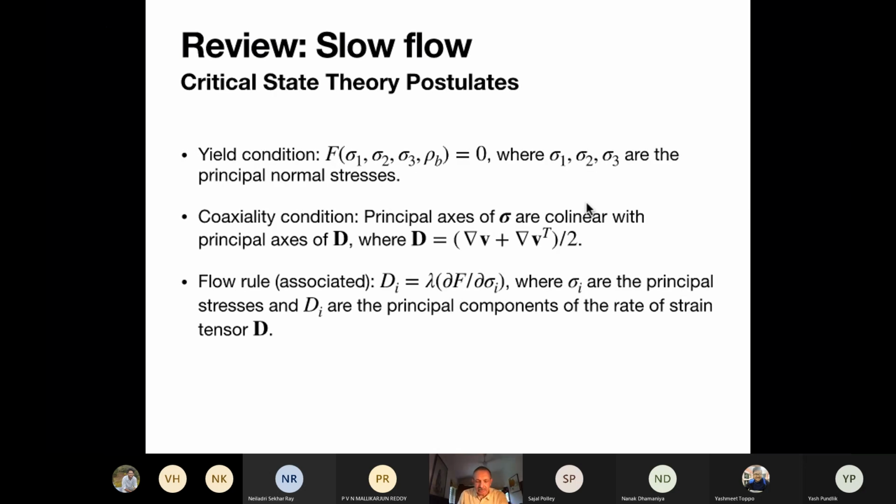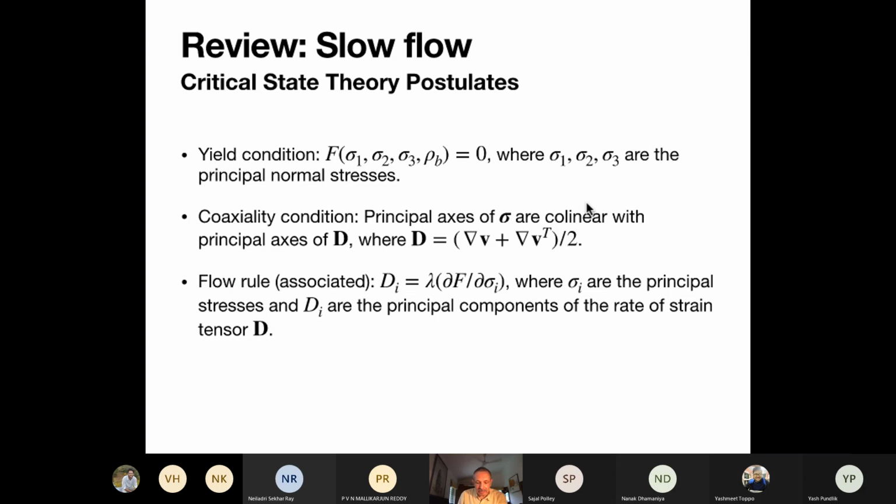And so we saw that these are the postulates. One is that the yield function is a function of the principal normal stresses, sigma 1, sigma 2, sigma 3, and the bulk density. The second is the coaxiality condition, that is the principal axes of the stress are collinear with the principal axes of the rate of deformation tensor, where D is given by this, where v is the velocity and gradient of v is the velocity gradient.